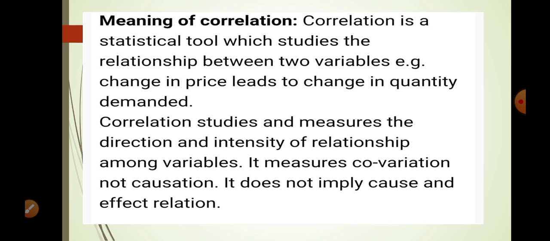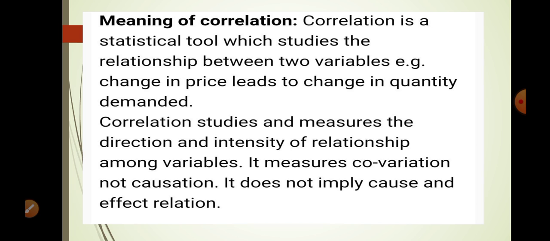Okay, so what is written here? Correlation is a statistical tool which studies the relation between two variables. So this is the meaning of correlation. It is the tool that helps to find out the relation between two variables. Here is one example, price and demand. Which type of relation do we find? We find a negative relation.